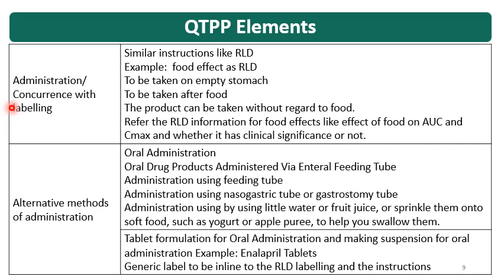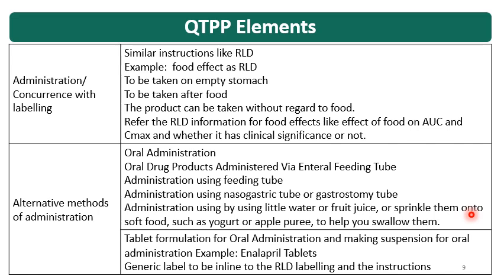Like a tablet is taken by oral route, but it can be dissolved or dispersed into water and given as a suspension. So oral drug product administration via enteral feeding tube, using nasogastric tube or gastrostomy tubes, or administration using a little water, fruit juice, or sprinkling, for example, capsule content onto soft food and then giving it to the patient to swallow.